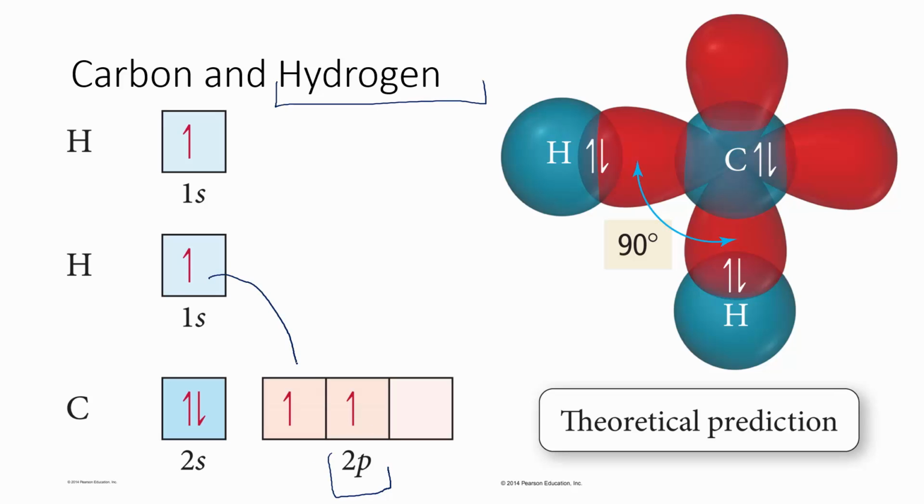So perhaps two hydrogens could come in and share their 1s orbitals with carbon's 2p orbitals and get a very similar structure for something like CH2 compared to what we saw with SH2 previously.